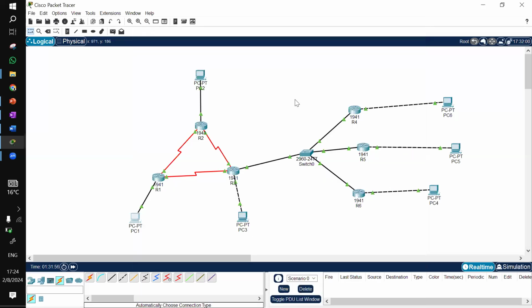1 minute, 30 seconds to summarize what we've just done here. What we've done is connected my routers 1, 2, 3, 4, 5, 6. My networks 1, 2, 3, 4, I can see 5, 6, 7, 8, 9, 10, my 10 networks, connected using the routing protocol OSPF.